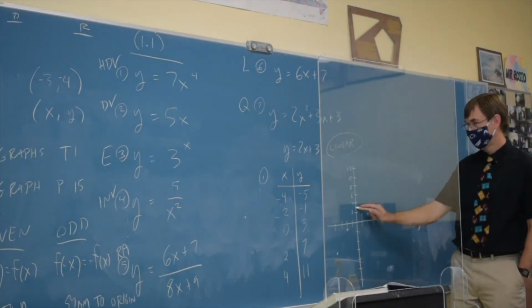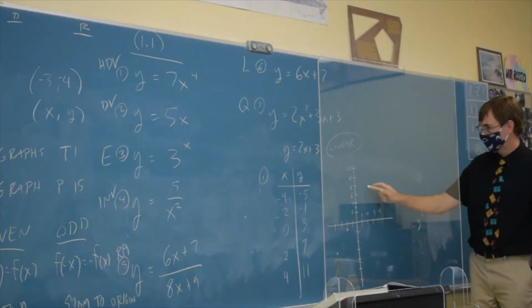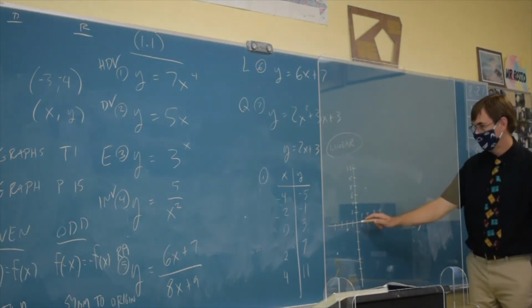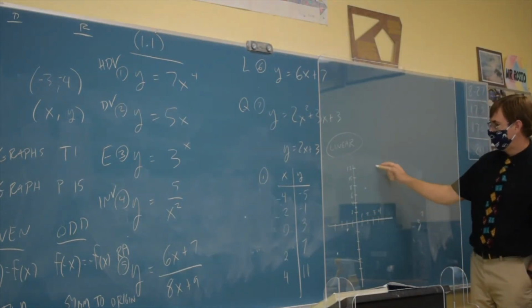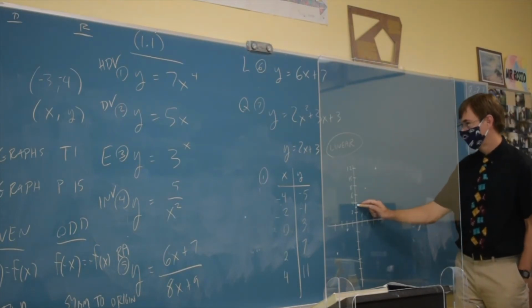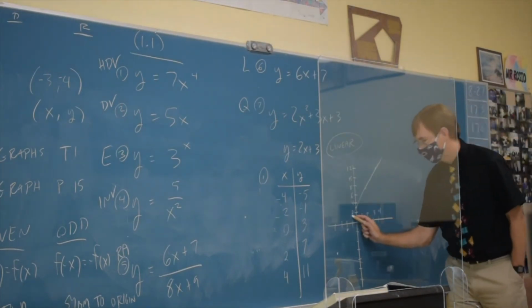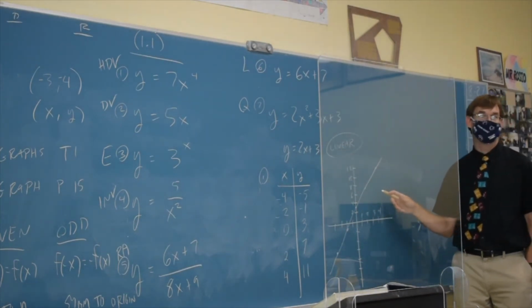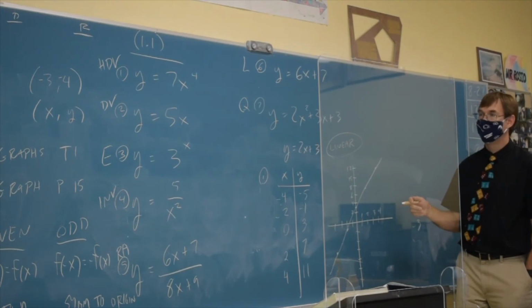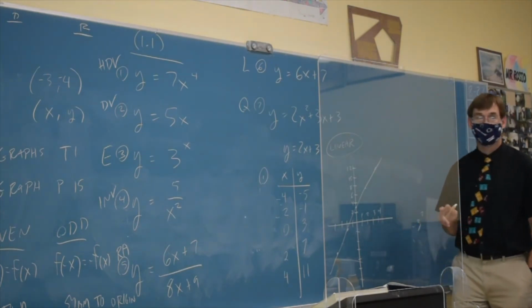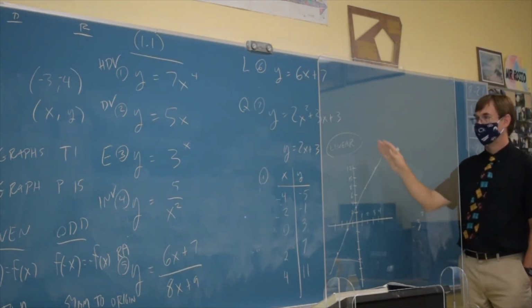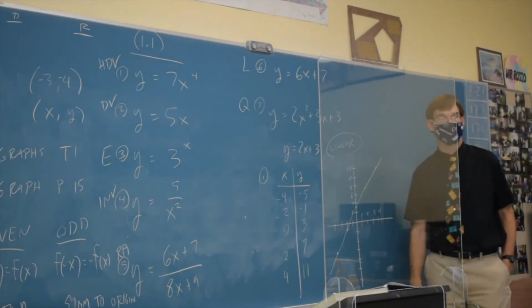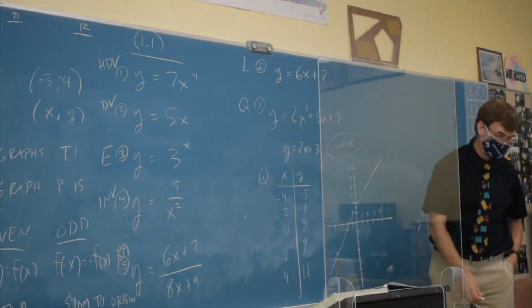Straight up 3. 2, 7. 4, 11. Like connect the dots. And since it was linear, it shouldn't be shocking to us. It's a line. If you want to make sure you're on the right track, I have 2 ways that we can make sure we did that. But there we are for that one.